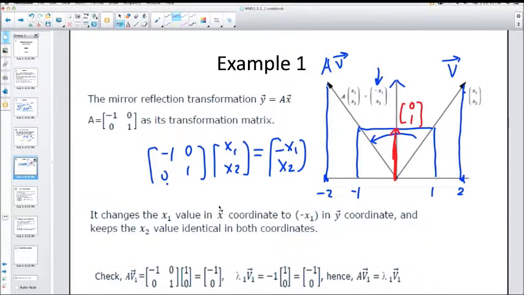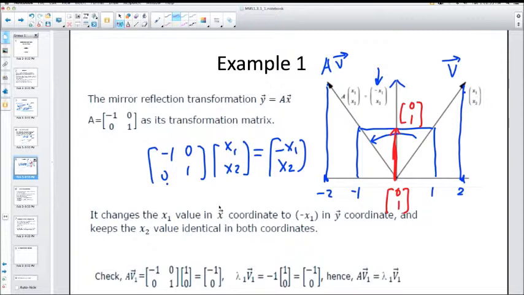Well, you change the 0 to negative 0, it's still 0, 1. Of course, the mirror image of a point on the mirror is the same point. It does not change. So that's one of the eigenvectors.